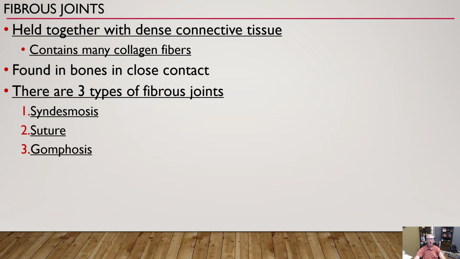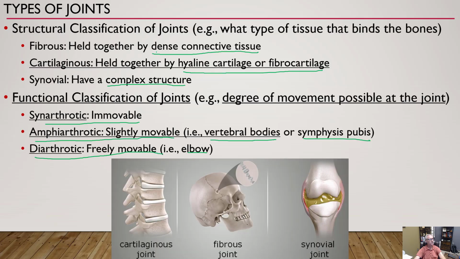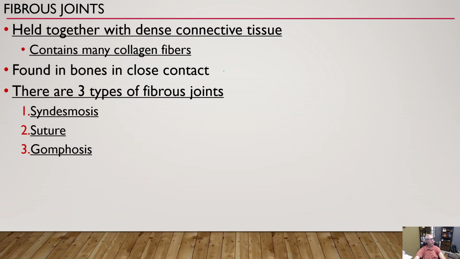All right, so fibrous joints. Fibrous joints are the ones that are held together by dense connective tissue. So dense connective tissue, remember, contains collagen fibers. So these are the ones, protein, collagen, highly compact, dense connective tissue, resistant to wear and tear.